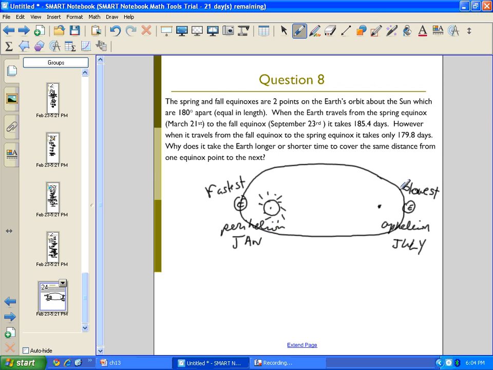So the Earth is speeding up on its journey from July to January. Well, what month is between July and January? It must be September.